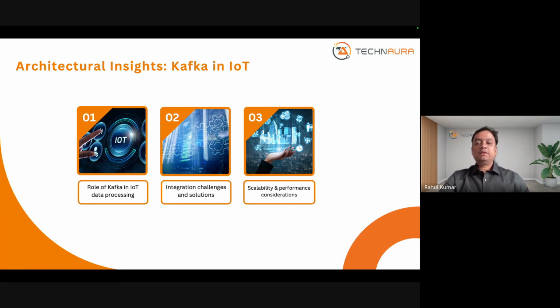What are the scalability and performance considerations we have to take care of, because everything is happening in real time. The latency between the data generated and the data processed for the threats and everything is very minimal. So we have to make sure we are getting the data at the right time, without any delay, to detect the actual problems.